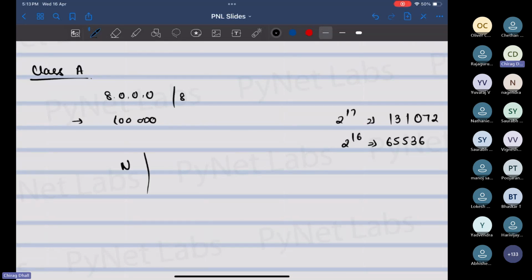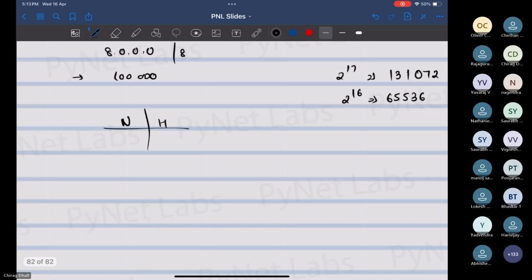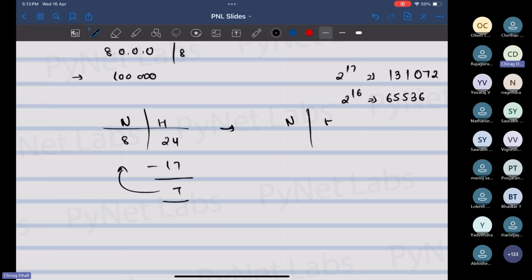The default distribution is 8 and 24. Out of 24, I require 17. So 7 bits are extra. I'll give it to the network part. The new distribution will become 15 and 17.